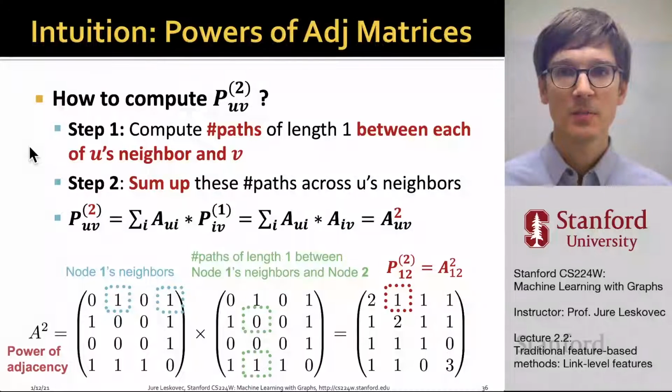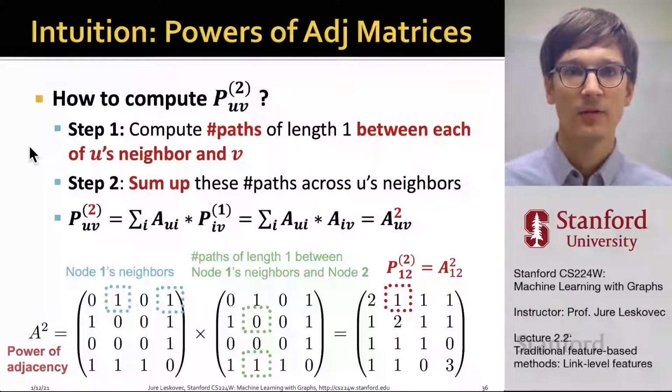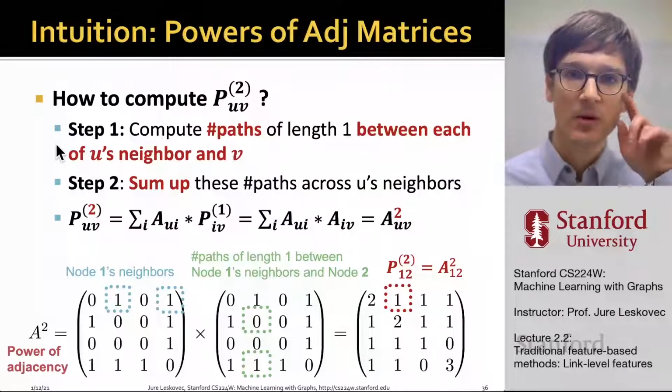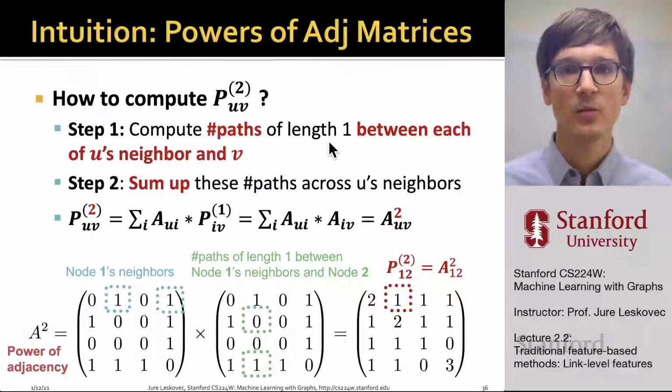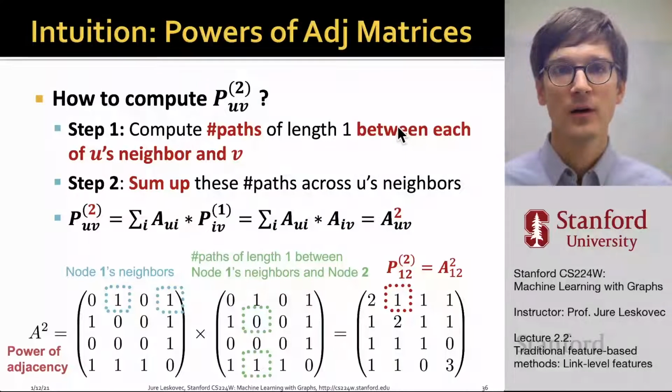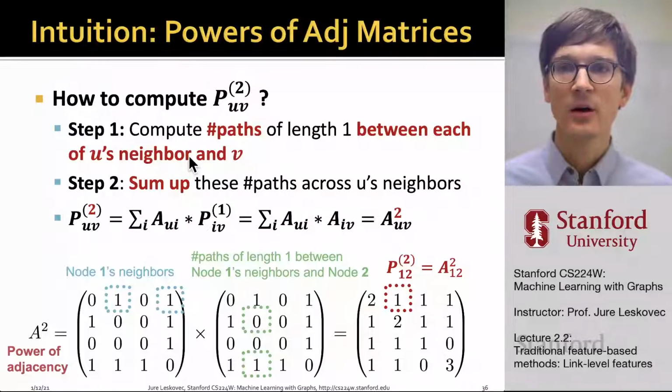And we are going to do this via a two-step procedure, by decomposing the path of length 2 into a path of length 1 plus another path of length 1. So the idea is that we compute the number of paths of length 1 between each of u's neighbors and v, and then add 1 to that.